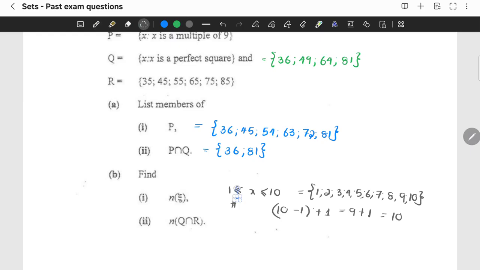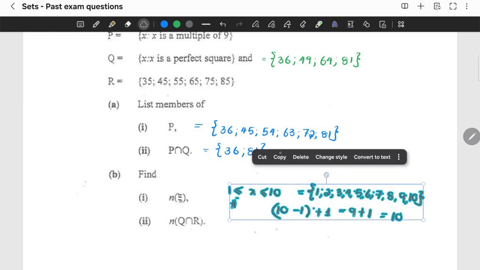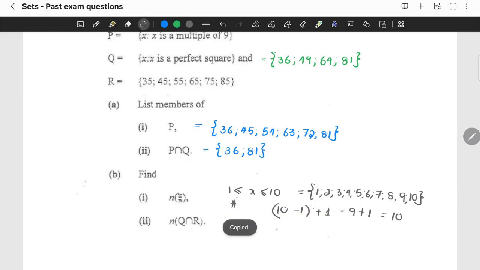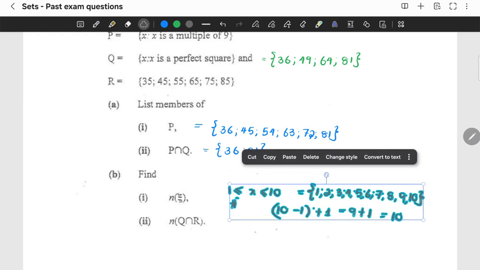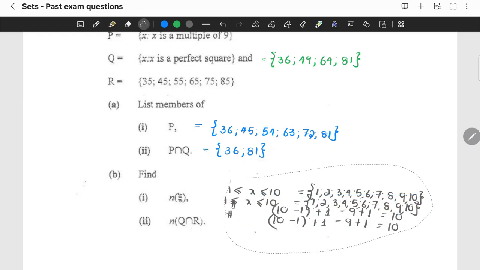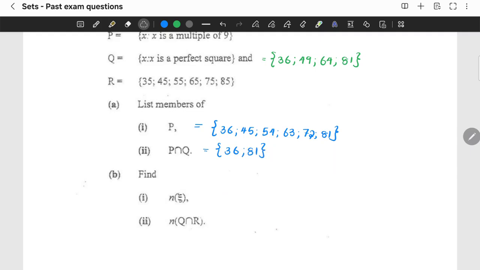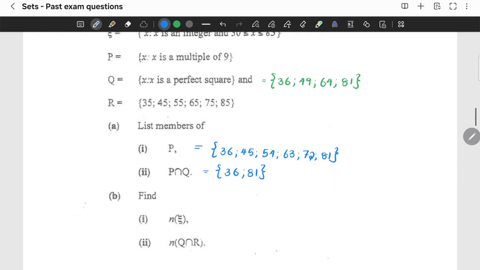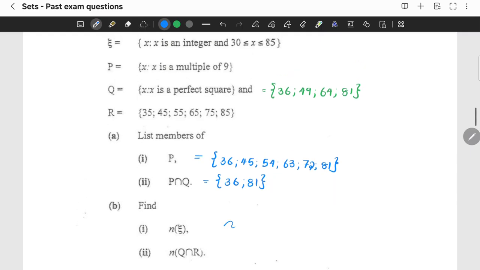So likewise, we do that in this case, where we were told that the universal set is between 30 and 85 inclusive.